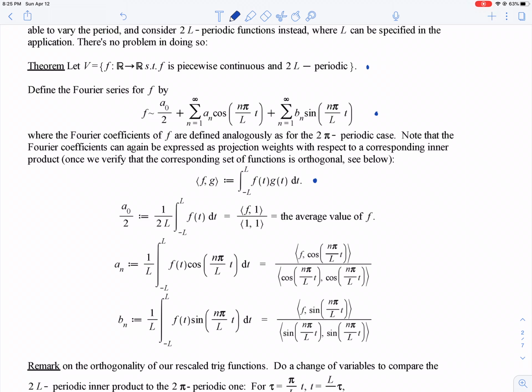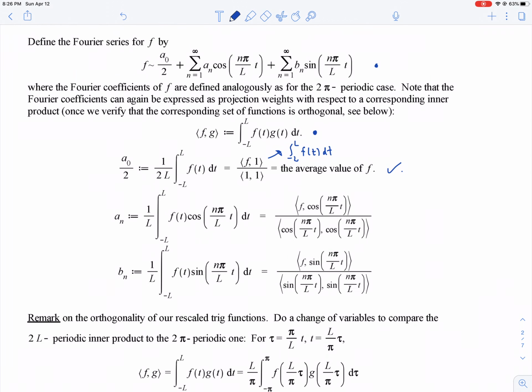And you'll notice that the integral is just this new inner product of f of t times 1. And the 1 over 2L is the integral from minus L to L of 1 squared, which is just 2L. So that's the formula for a naught over 2.